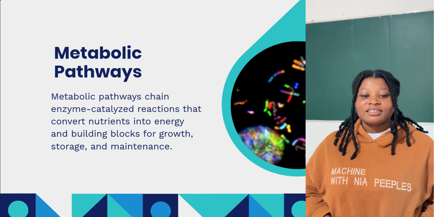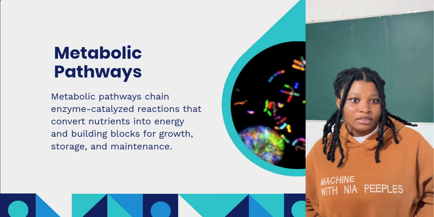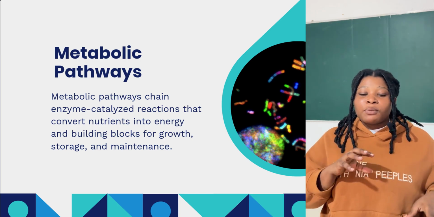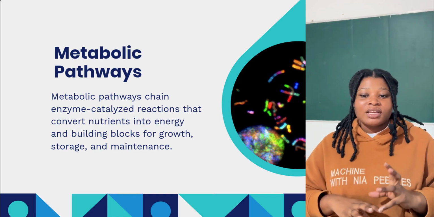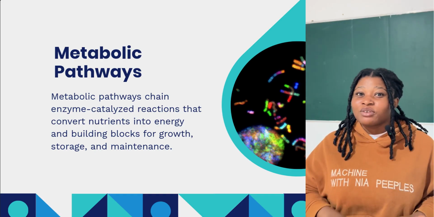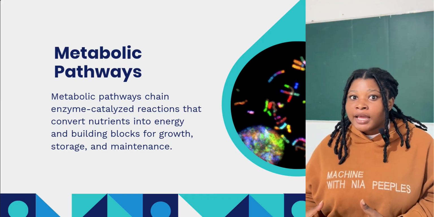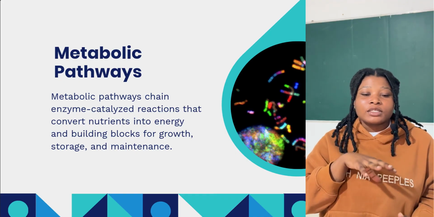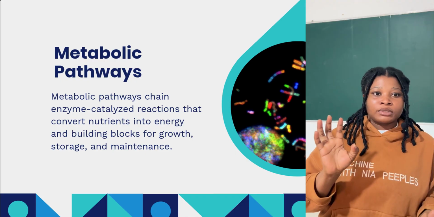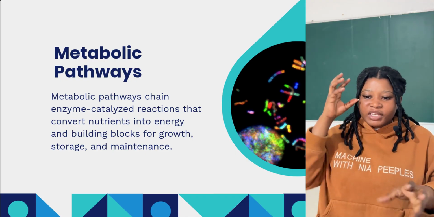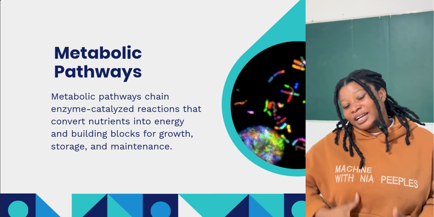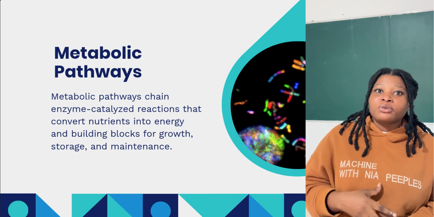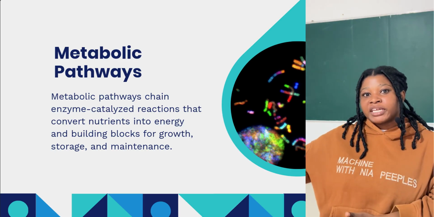Now let's discuss metabolic pathways. In metabolic pathways, we are looking at chemical reactions that transform a starting molecule into an end product. In these pathways, we have two types: the catabolic pathways and the anabolic pathways. The catabolic pathways do the breaking down.